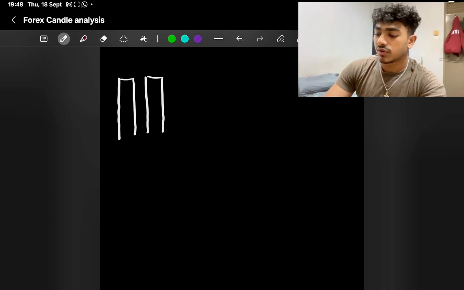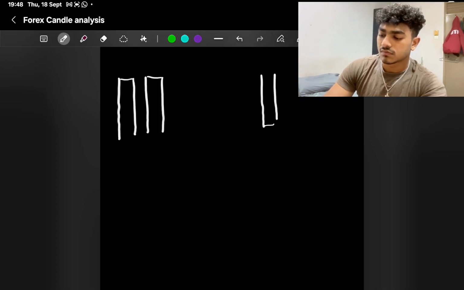Okay, now we can go to highs and lows. Highs and lows are very simple also. How do you identify a high? You need two candles for a high, two candles for a low.